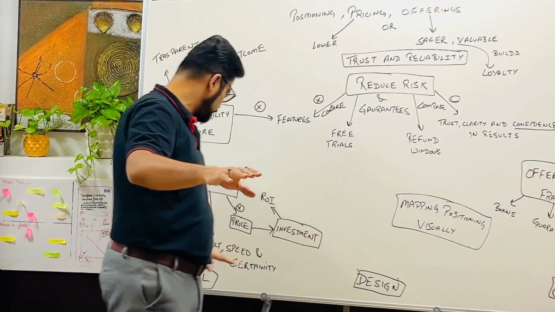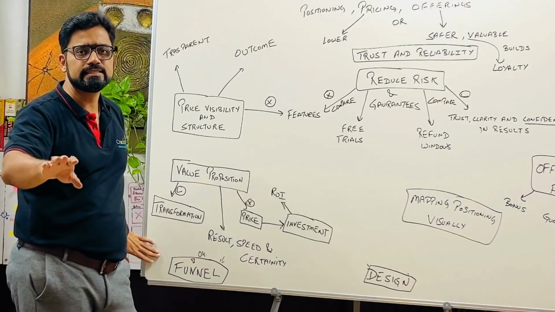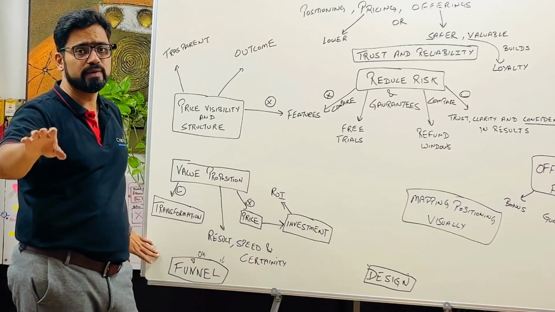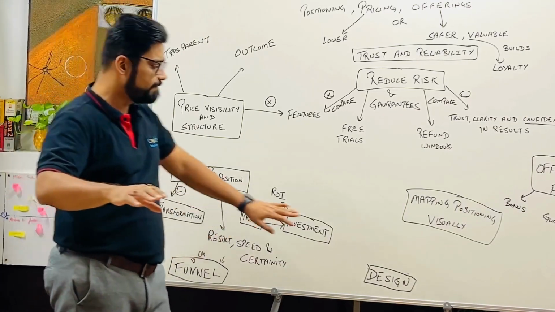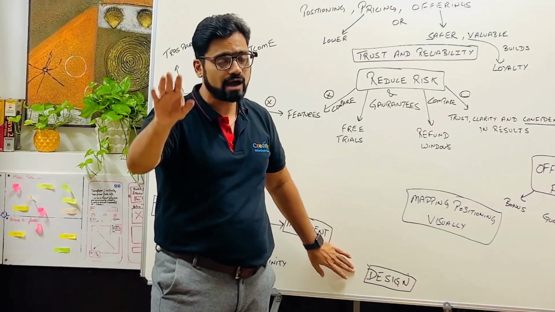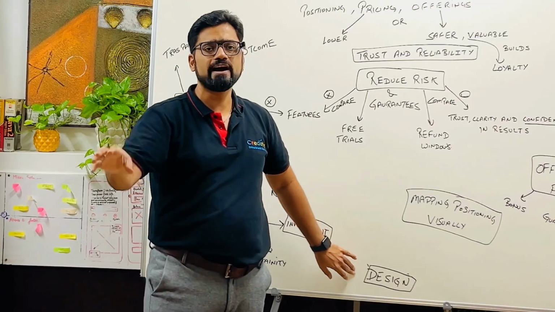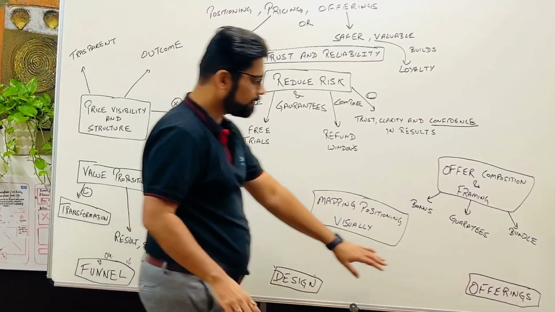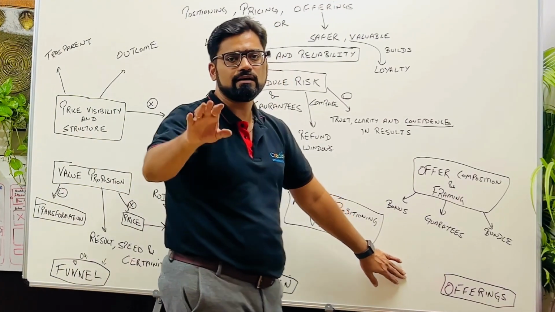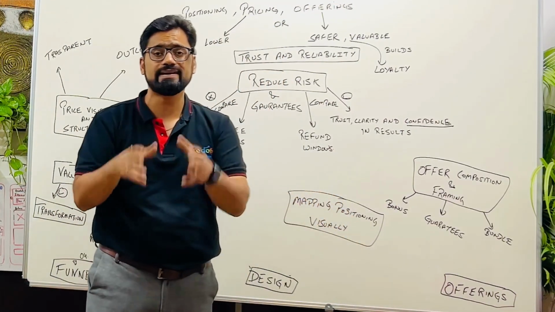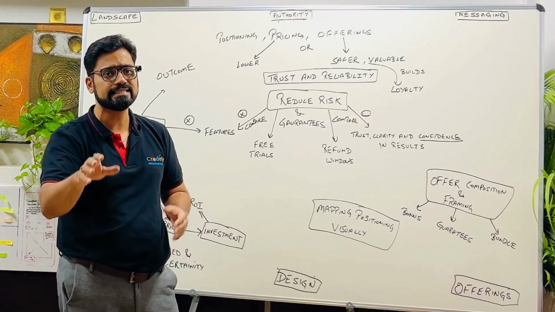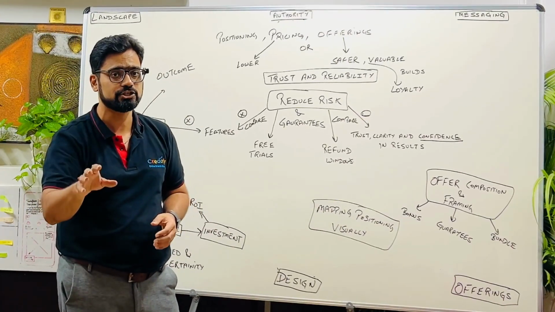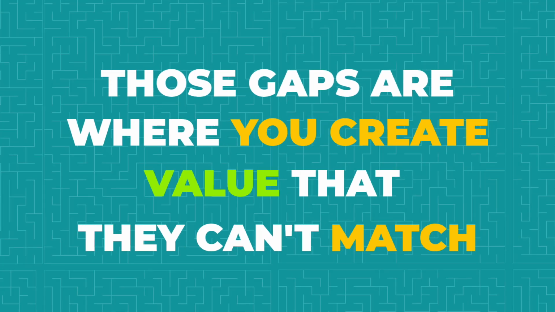Where their funnel drops leads, you design a faster trust-building path to purchase. Where their design is outdated, you create a clean, mobile-friendly site that moves people to action. And where their offering or pricing is unclear, you present transparent offers with strong guarantees, making yes an easy decision. Those gaps are where you create value that they can't match.